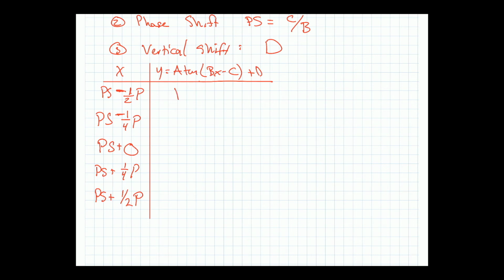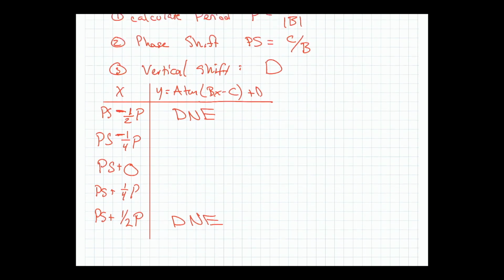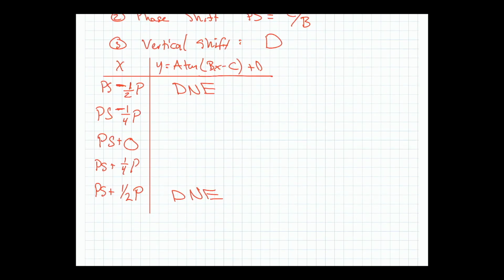Now, this is still going to be D and E, and this is still going to be D and E. We're still going to have the divide by zeros there. Now the Y values, normally they were, what were they? Normally the Y values for the tangent were negative A, 0, and plus A, right? I mean, you can look them up, but that's probably what they were.